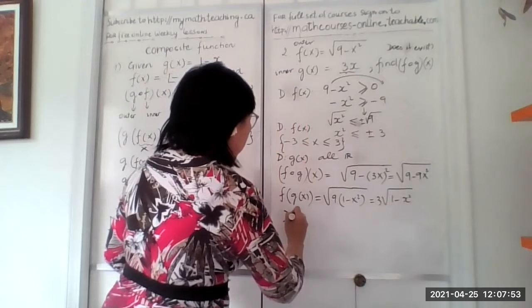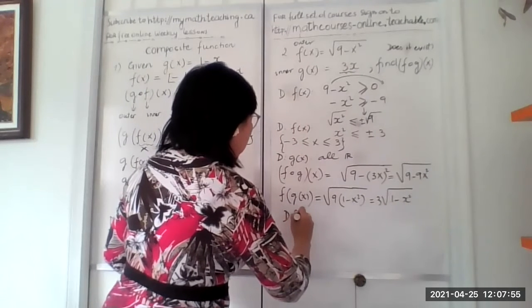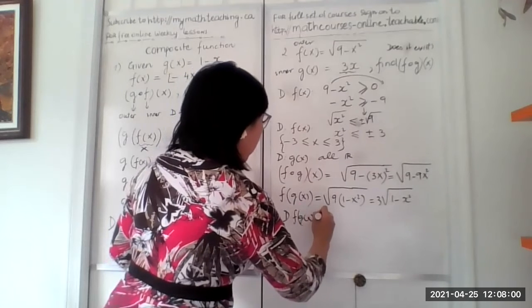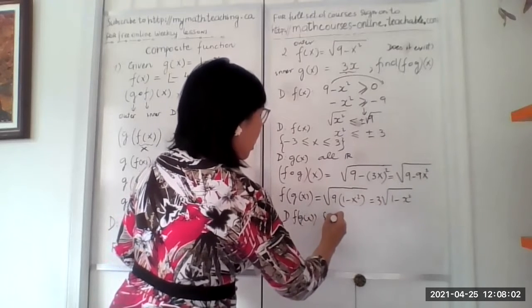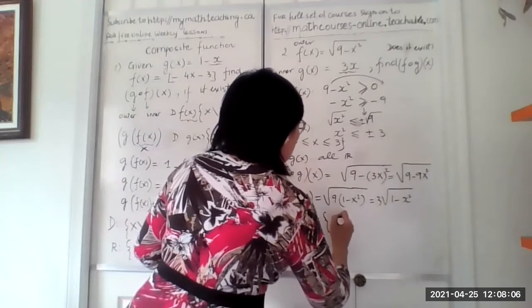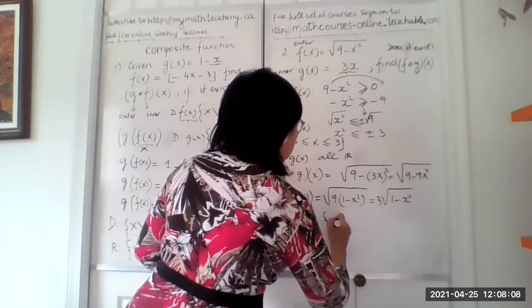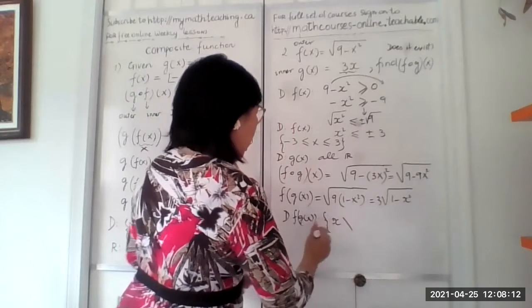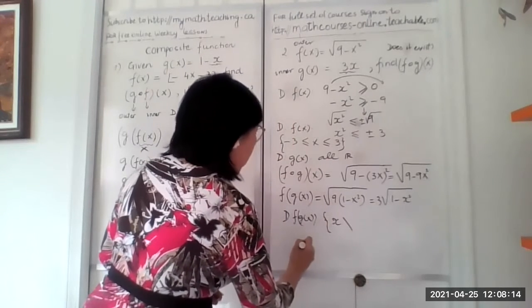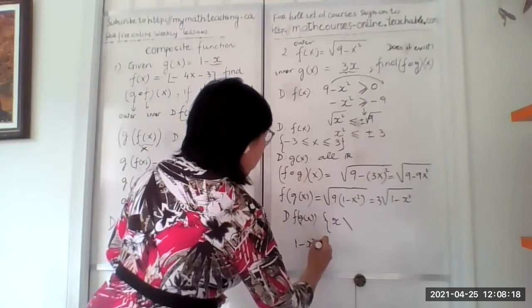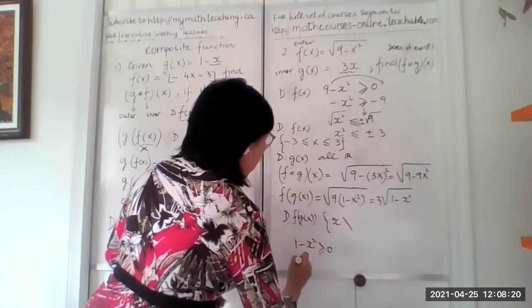So the domain of our f of g of x will be a set of x such that, okay, let me zone in on the inside first. 1 minus x squared has to be bigger than or equal to 0.